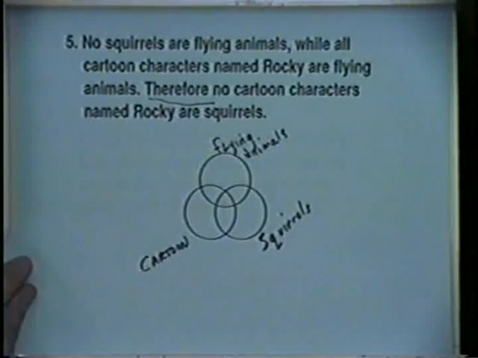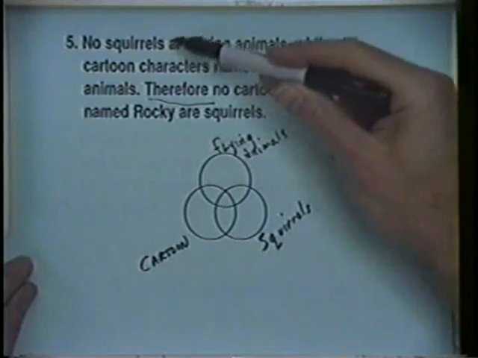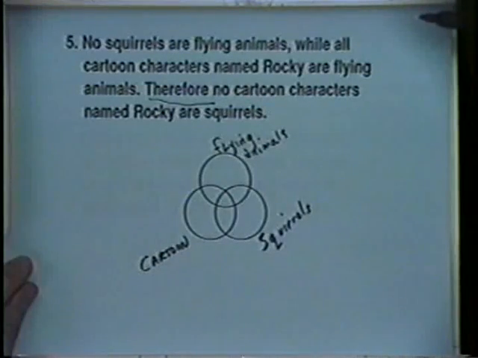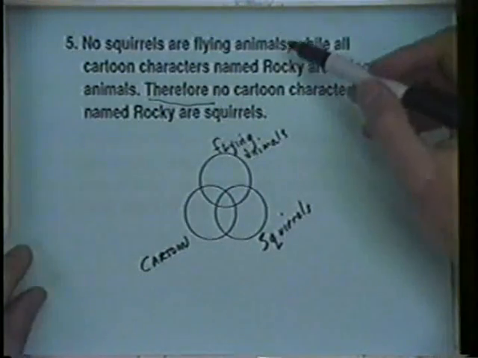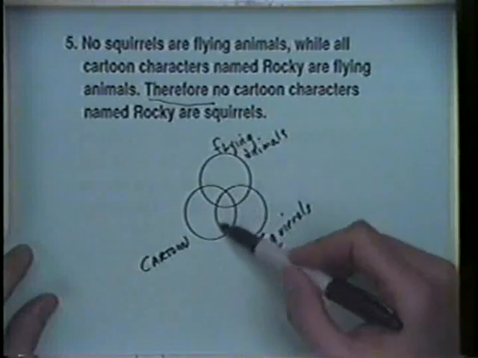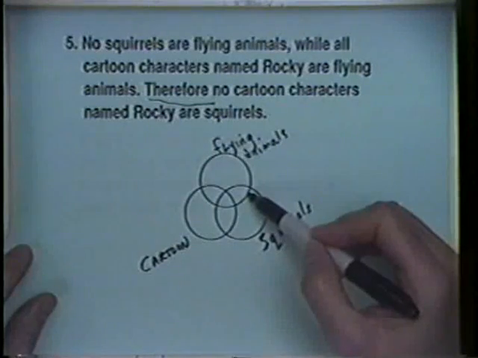And now we're set to do the diagram of the two premises. We look at them and find out that we have two universal premises, no and all. So it doesn't matter, again, which premise we diagram first. Let's do the no sentence. No squirrels are flying animals. Nothing in this area is also in the flying animals circle.